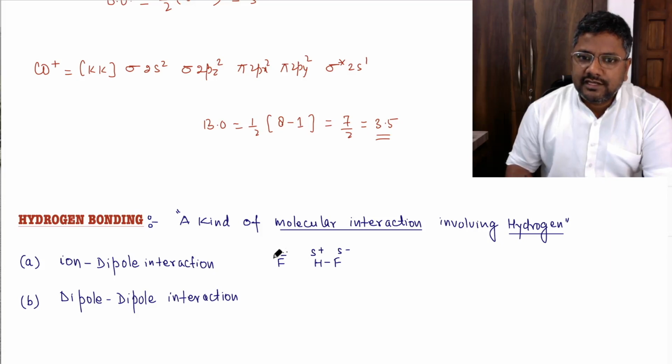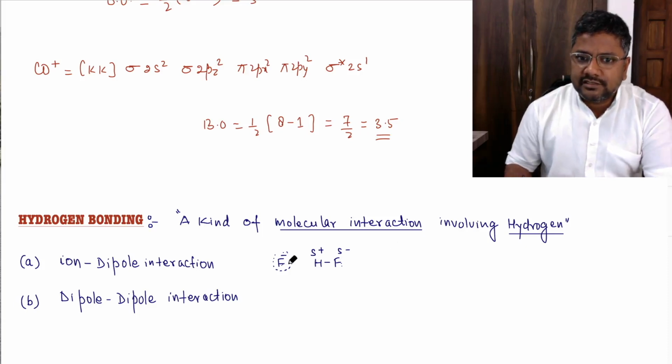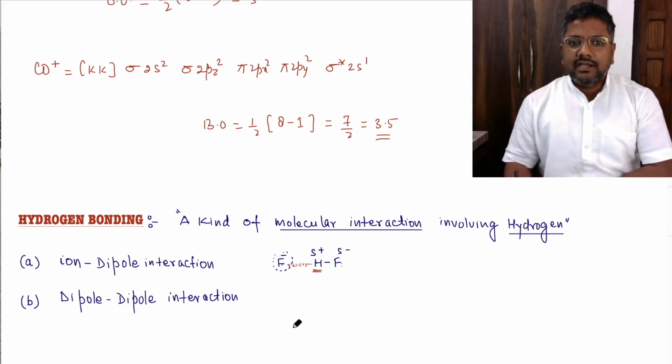So there is an interaction between these two. As you know, there is no interaction between F and F. So the only possible interaction is between F minus and this H. This interaction is known as a hydrogen bond. See, involving hydrogen. Hydrogen is a must. So here this is an example of ion-dipole interaction.